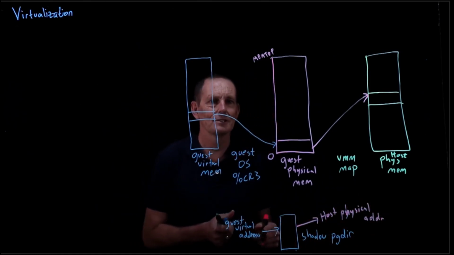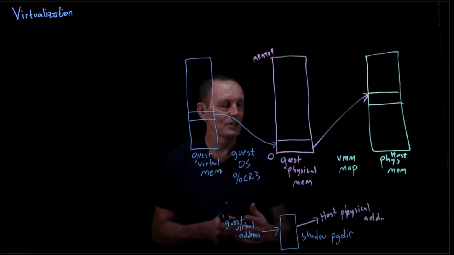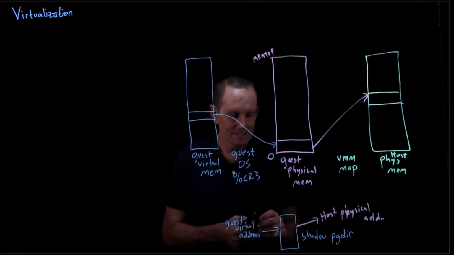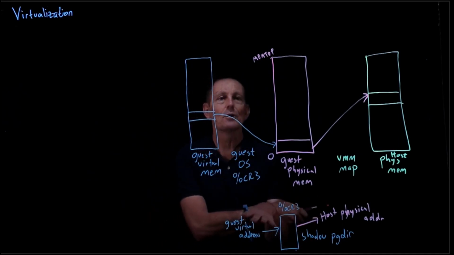I mean, these are really pages, right? This is at the page level. So a guest virtual page number going to a host physical page number. This is what we are going to actually store in the CR3 register. So this will be the active page table.